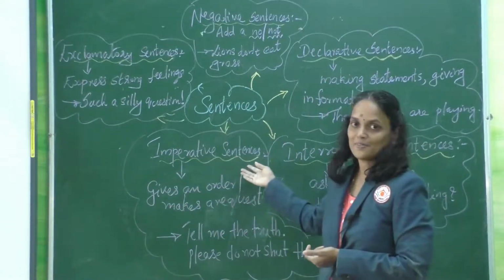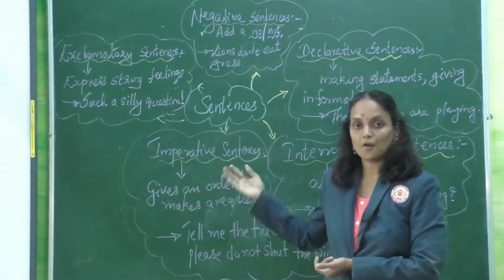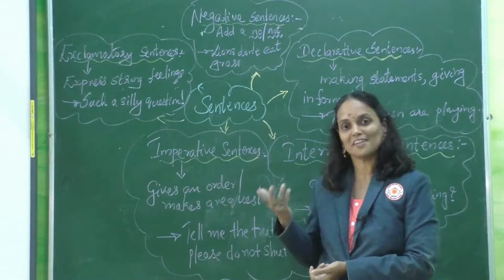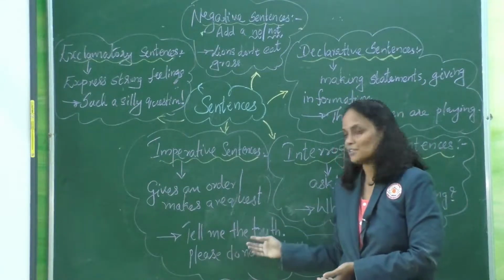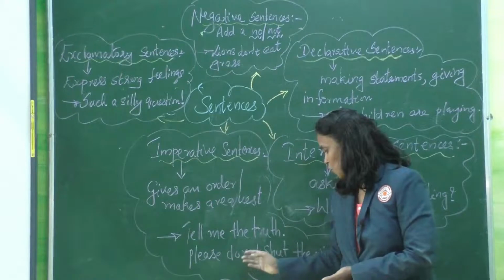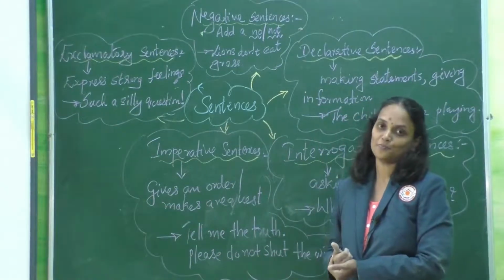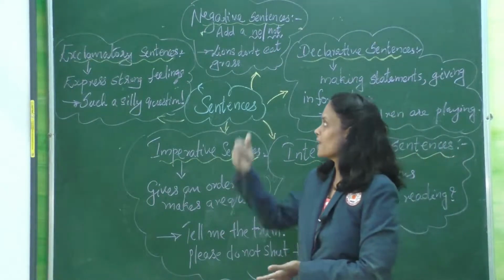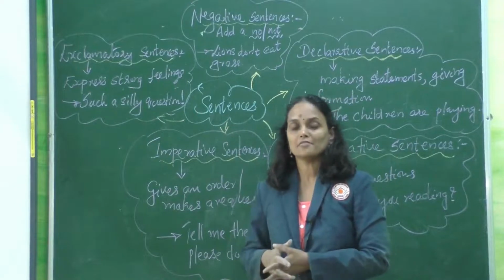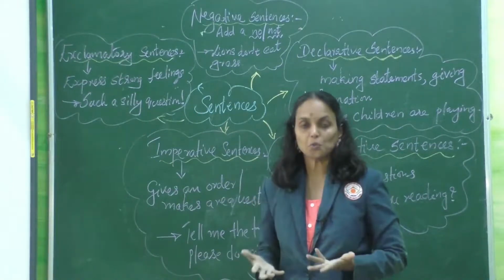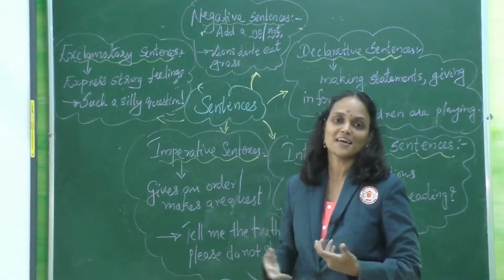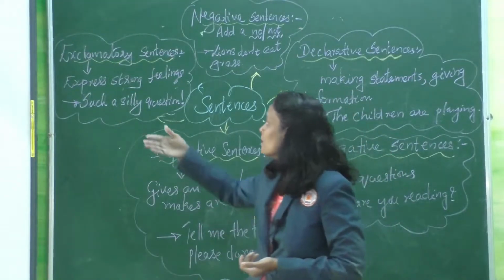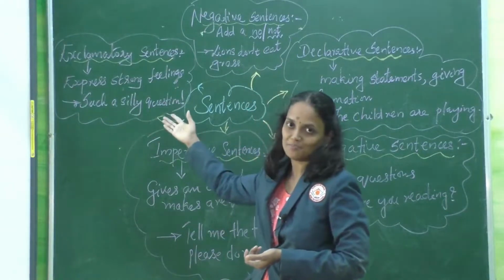Next one, imperative sentences give an order, command, suggestion, advice, request, etc. Tell me the truth. Please do not shut the window. Next one is exclamatory sentences. They show strong feelings and emotions, fear or apprehension, excitement, happiness, etc. Such a silly question!